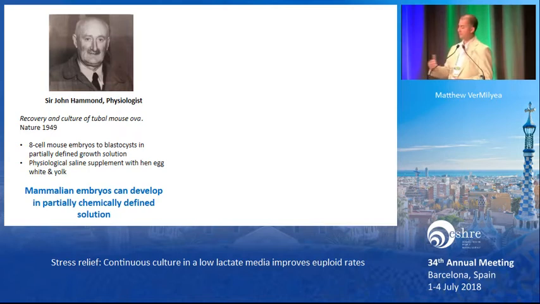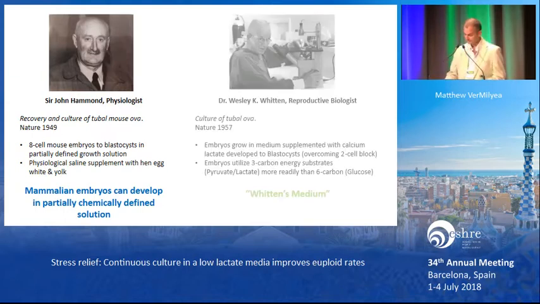So let me preface the talk by talking a little bit about some of the history. Sir John Hammond, back in 1949, published a fantastic paper talking about how 8-cell mouse embryos were able to grow to the blastocyst stage. And this was really defined as the first true growth solution, basic components of physiological saline supplemented with some protein.